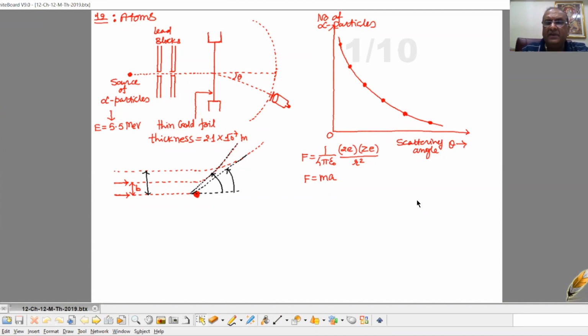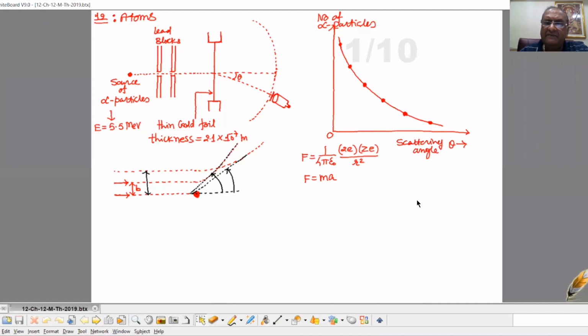But in those days, there were other experiments related to atomic spectra. Bulk matter, that is solid, liquid or very dense gases, at higher temperature emit certain radiations.